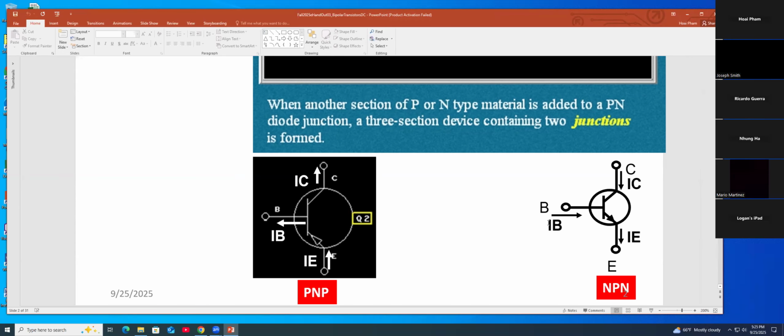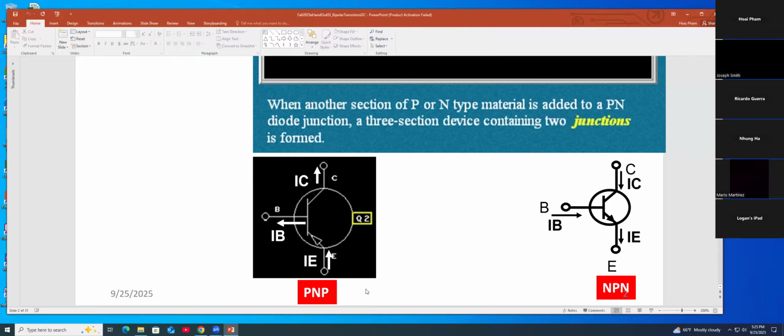IB, base current coming in, IC, collector current coming in, and IE, emitter current coming out.